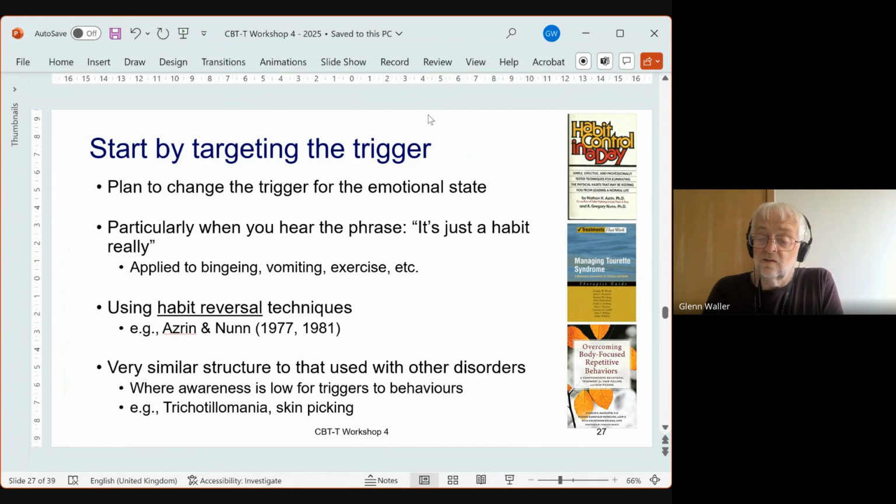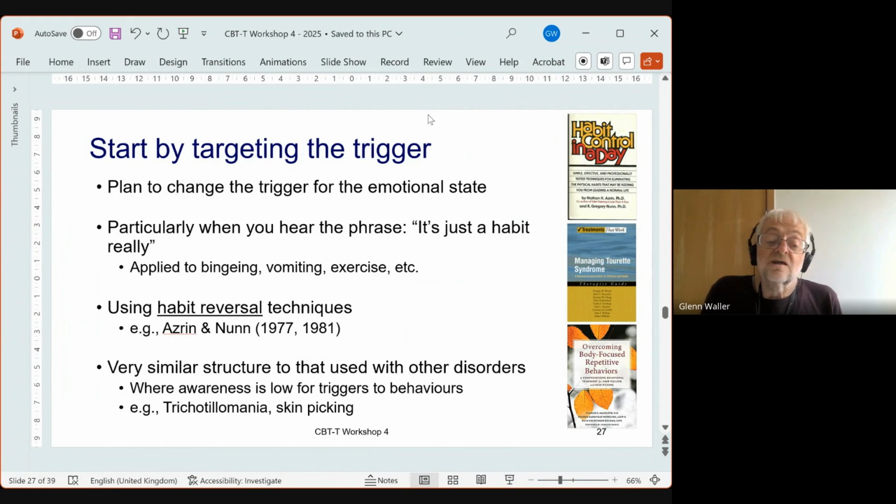So you look at the Newton's cradle formulation and you say, we've only got the behavior. We don't have the core belief. We don't have the emotion. We don't have the trigger. Then this is when we will say, okay, if we really can't work those things out, we go to the habit reversal literature. Now, I'm not sure how many of you are familiar with the habit reversal literature, so I'm going to go at it as if you weren't, but please do excuse me if you're very familiar with it.